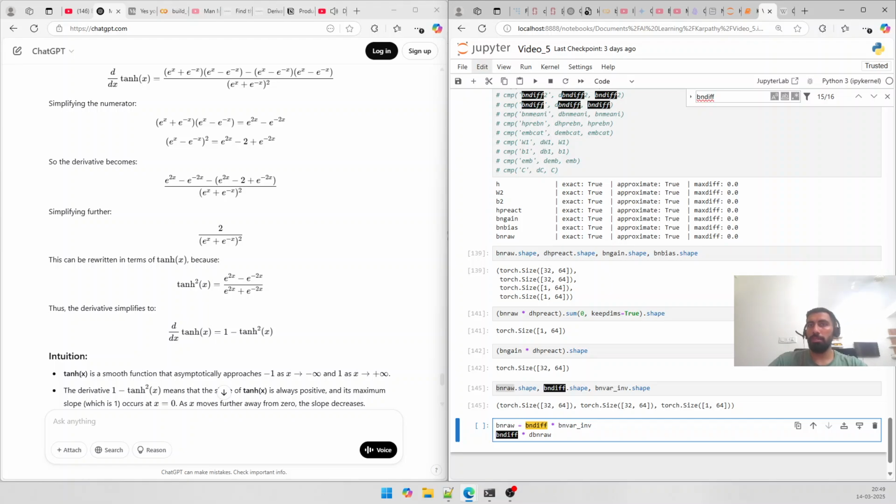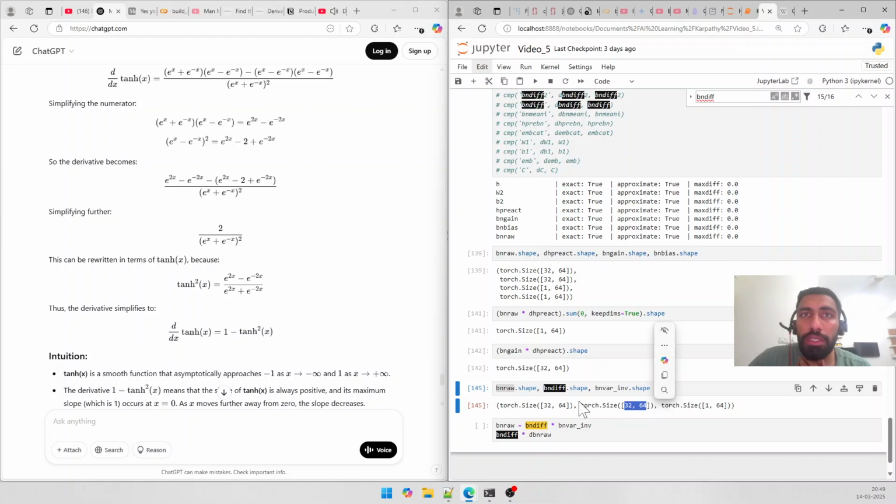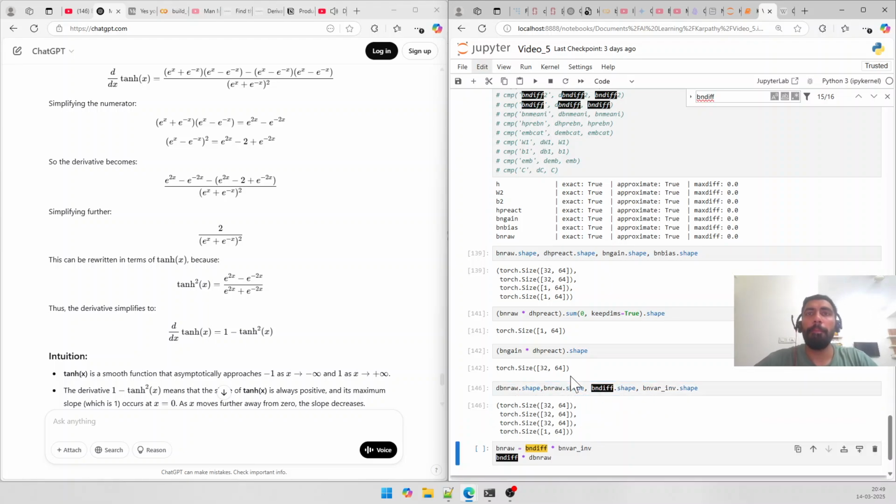But the problem is B and F is 32 cross 64, and let's get the dB and raw also. That is 32 cross 64. So when these two get multiplied we get an output of 32 cross 64, but we are calculating for this, right? There's only one cross 64, so we again need to do all the additions.